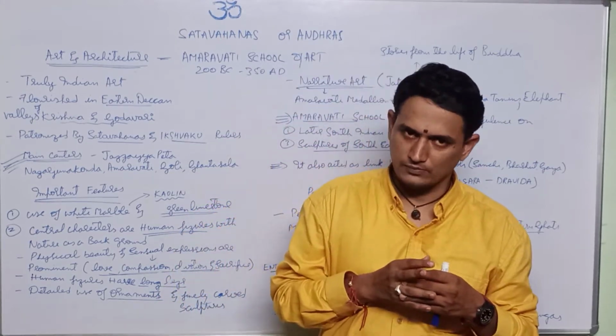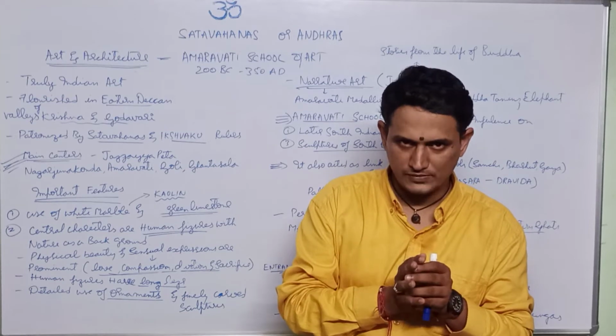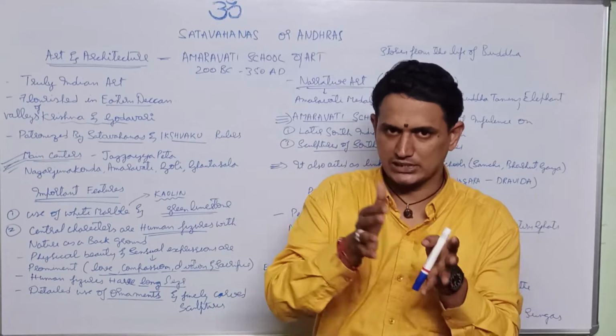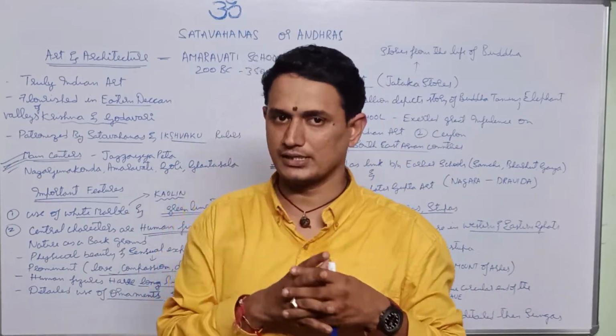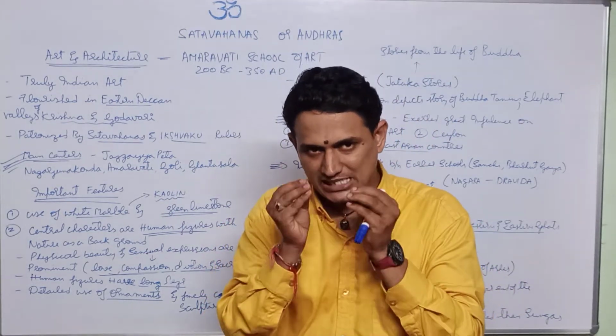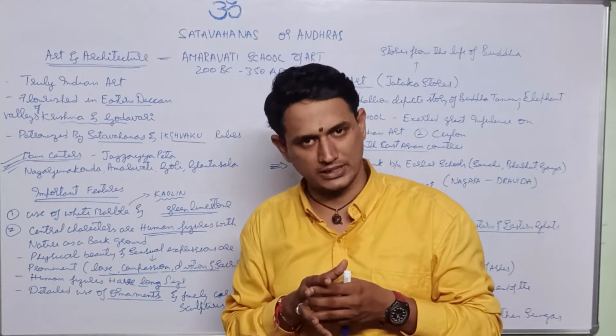The central character of this school of art is human figures, with nature given as a background to these human figures, where you would be able to see the expressions of the human figures. That becomes very, very important, right?